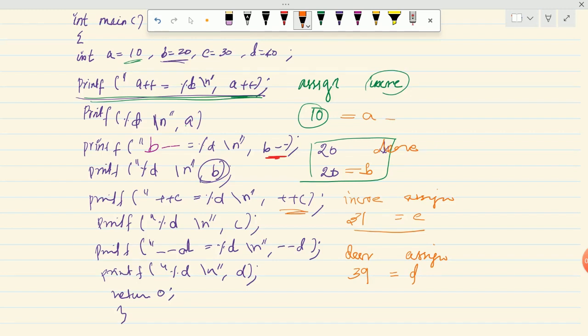So for a it is 10, for b it is 20, for c it is 31, and for d it is 39. Understood this? If you put plus plus after the operand, it is postfix. If you put it before, it is prefix.